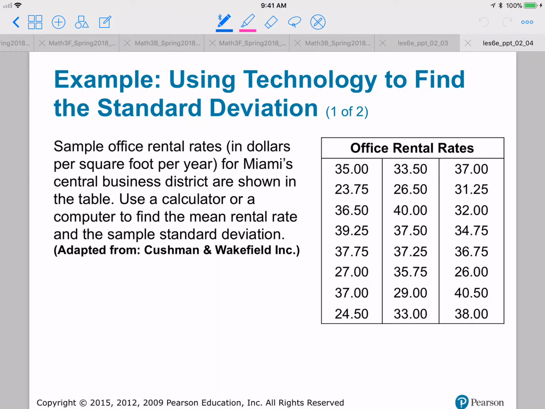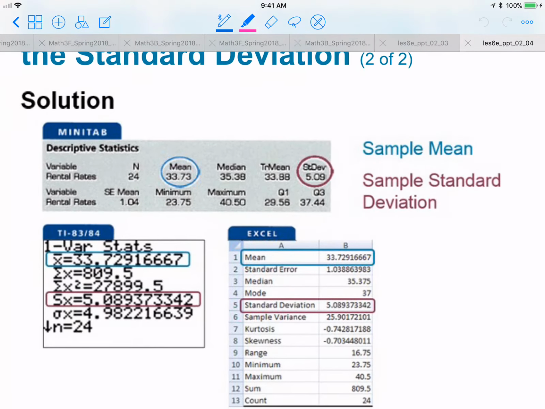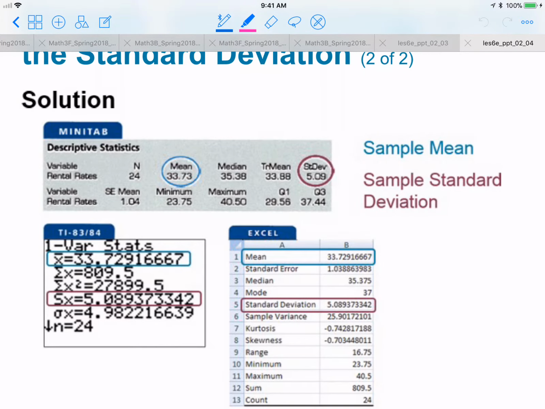Now we're going to get to an example where you are going to use a calculator. This is finally the book recognizing the fact that calculators and computers can be used to find the mean and the sample standard deviation. What are you going to do? You're going to enter these data entries into your list, L1. So clear your list first, enter these data entries in, and then go to 1-Var Stats. And this is what your output should be.